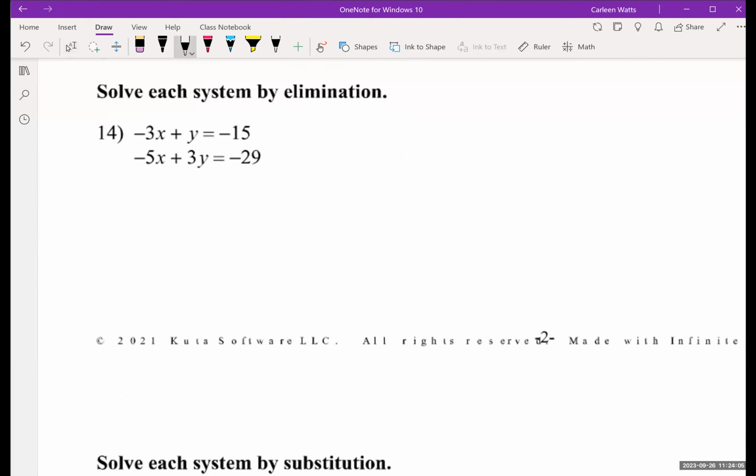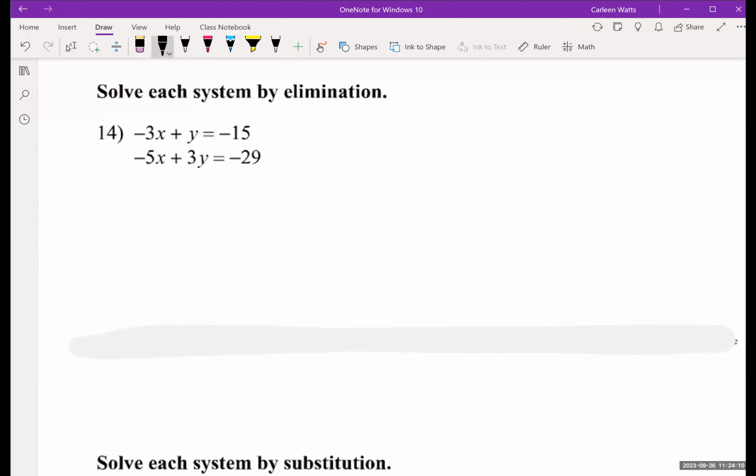Number 14. Solve the system of equations using elimination. Okay, so elimination is also called add down. We talked about these last week. So pick a variable to cancel.